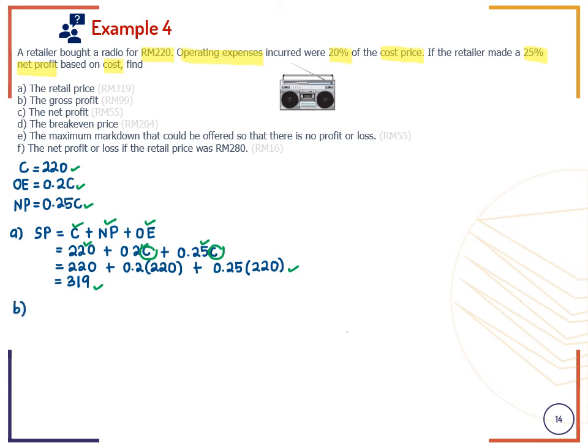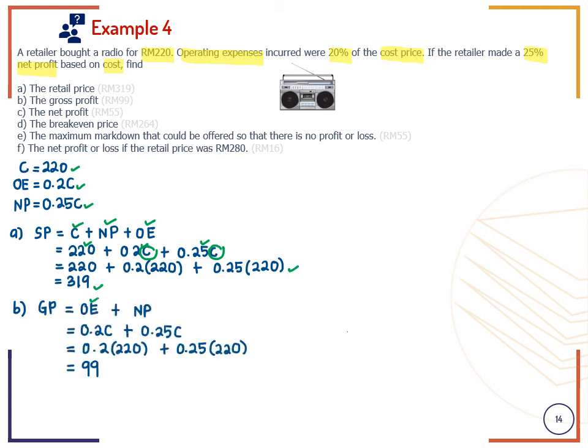To find the gross profit of a radio, total up operating expenses and net profit. Replace the value of operating expenses with 0.2 C, net profit with 0.25 C, and C with 220 ringgit. Therefore, gross profit of a radio is 99 ringgit.